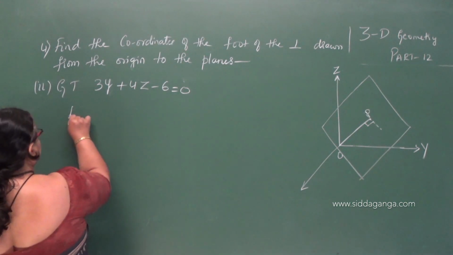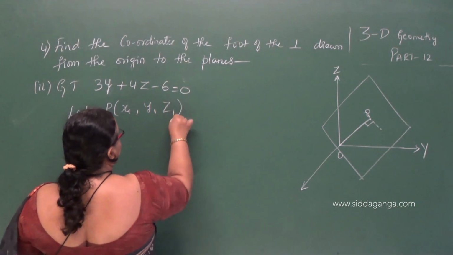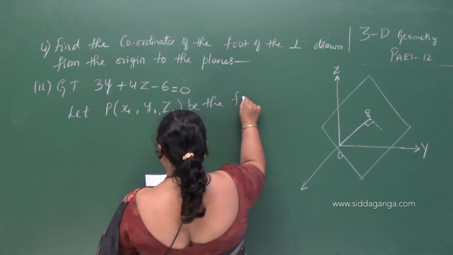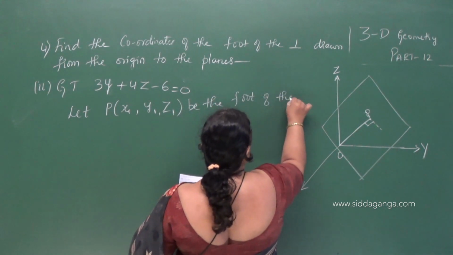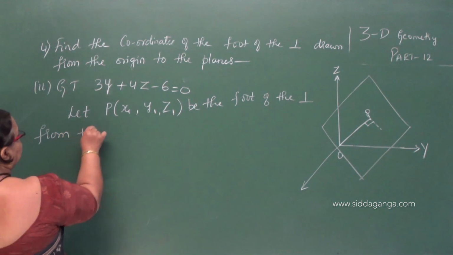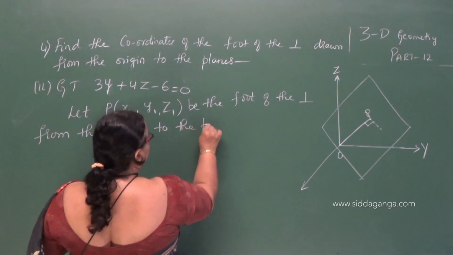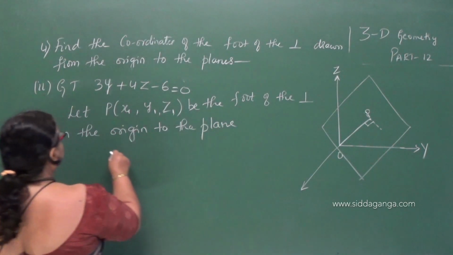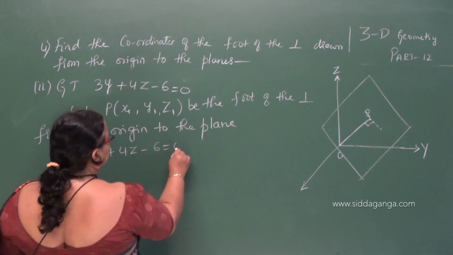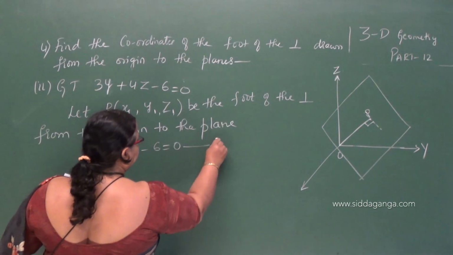So let P of x1, y1, z1 be the foot of the perpendicular from the origin to the plane. Which plane is given to us? 3y plus 4z minus 6 equal to 0. Take this as equation 1.